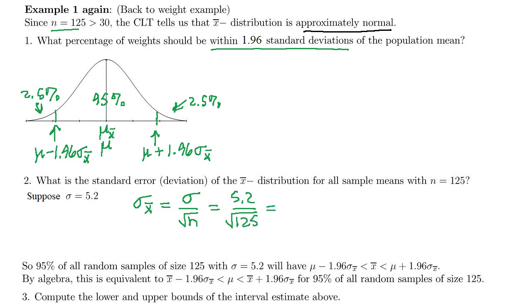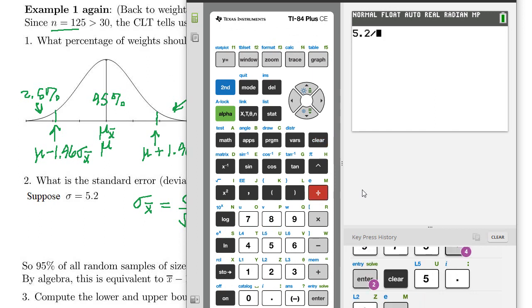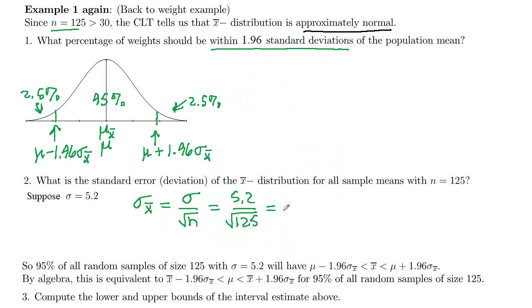Let's go ahead and compute that. We have 5.2 divided by square root 125, so 0.4651. So there's our standard deviation of the sampling distribution.